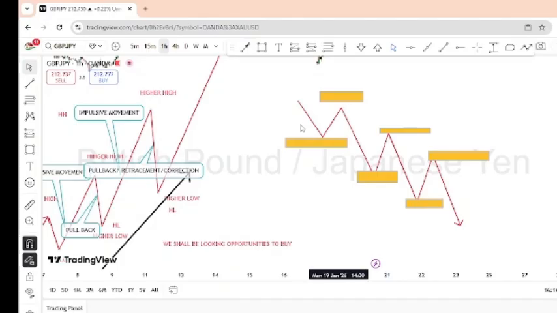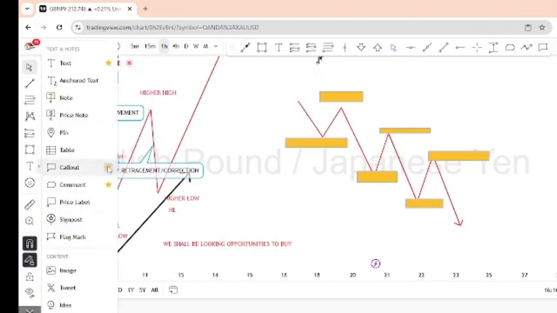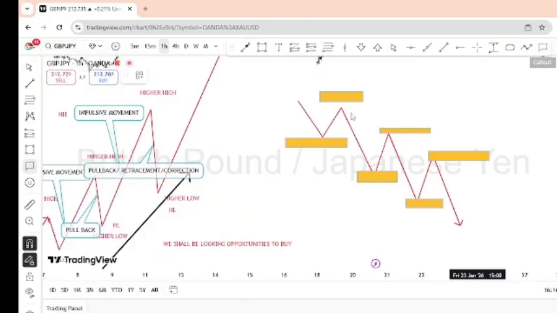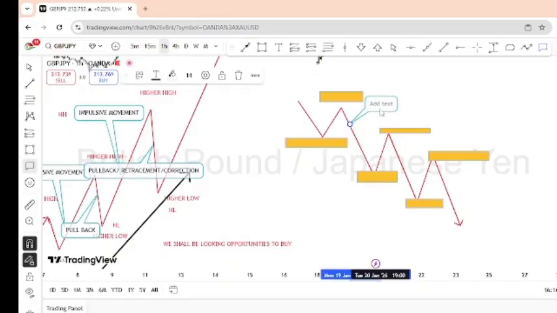So here again now we have our impulsive movement.